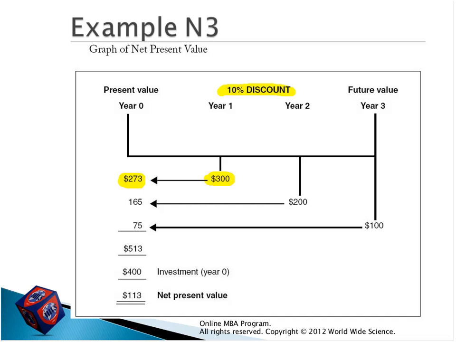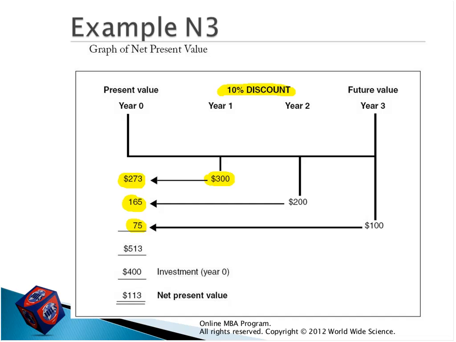For the second year, the present value comes to $165, right? And for the third year of cash inflows, the present value comes to $75.